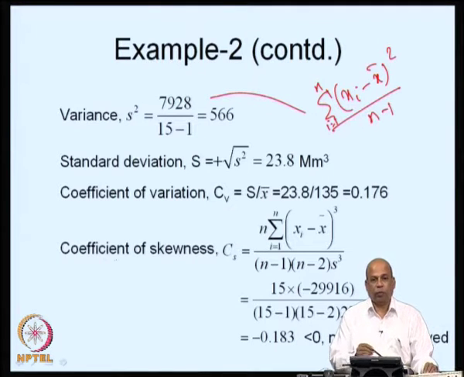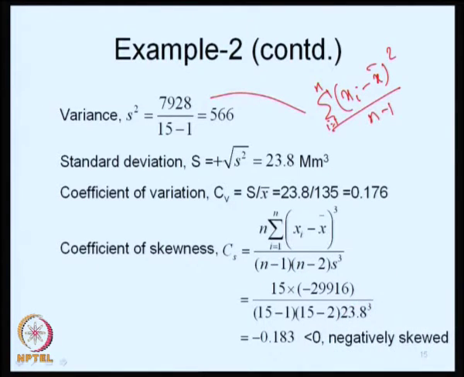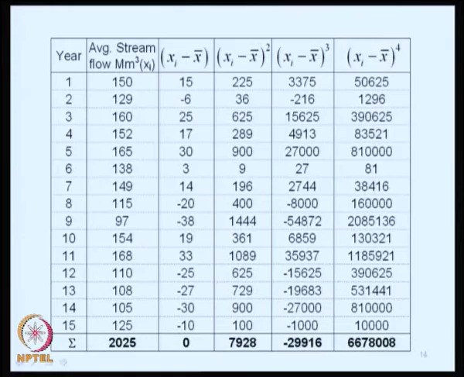Then the coefficient of skewness: we use the third power of the deviation, summation of x i minus x bar the whole cube, divided by n minus 1, n minus 2, s to the power 3. You have got s here, and that s you use here, and this minus 29916 is obtained from the summation of this term here, x i minus x bar cubed.